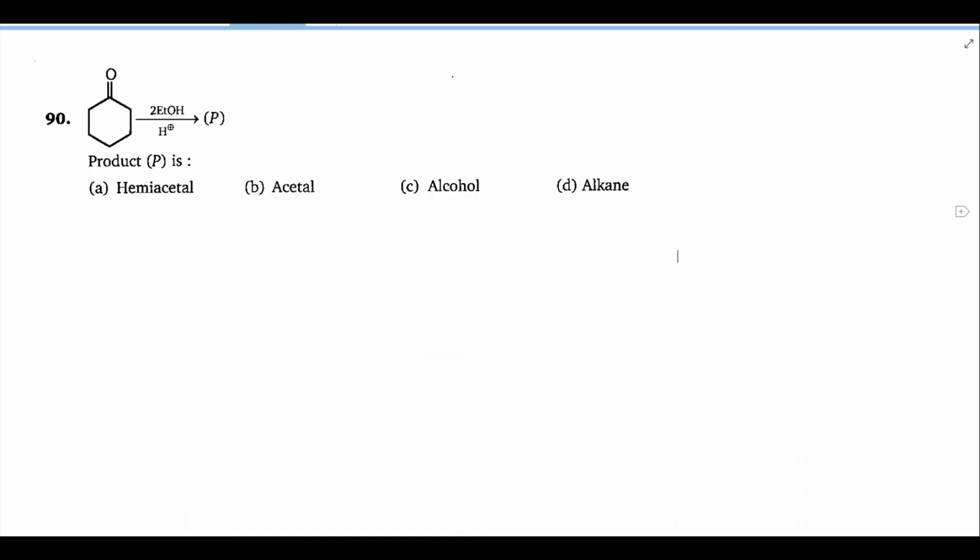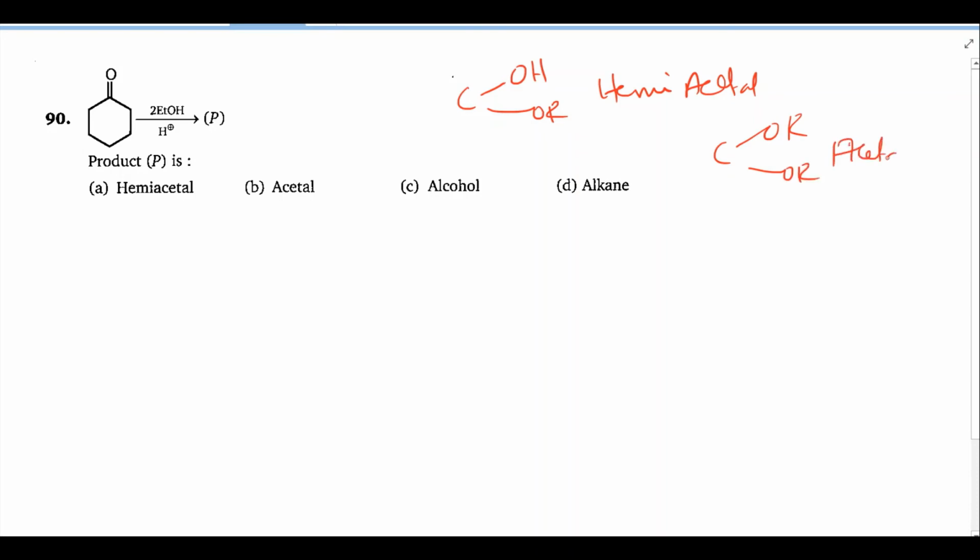Yeah, this is 90. Here you can observe here. This is COH, there is OR. This is a hemiacetal, and COR is there, meaning this is an acetal. Okay, so this is very simple.